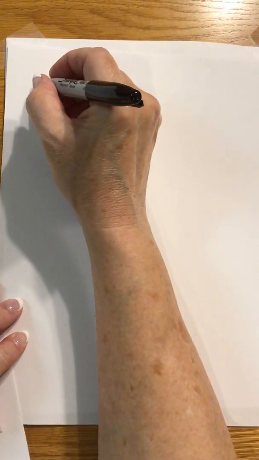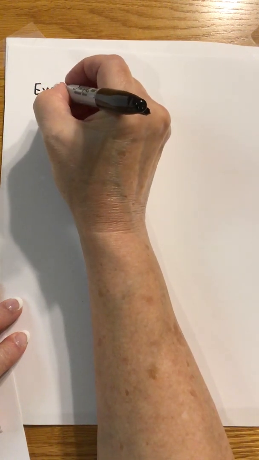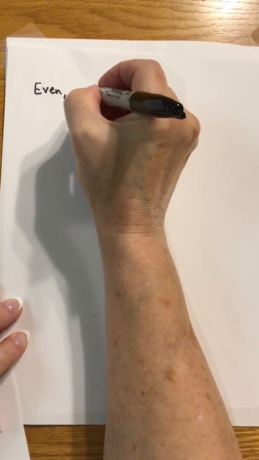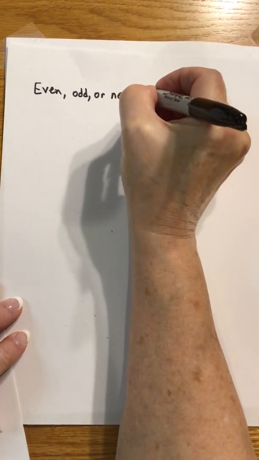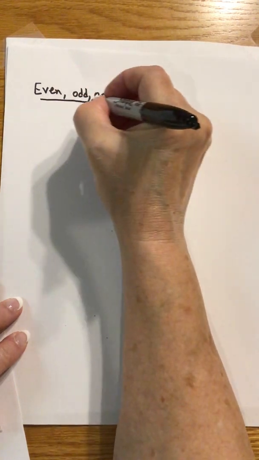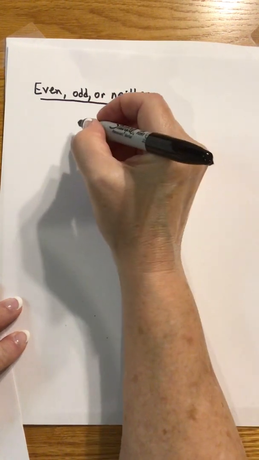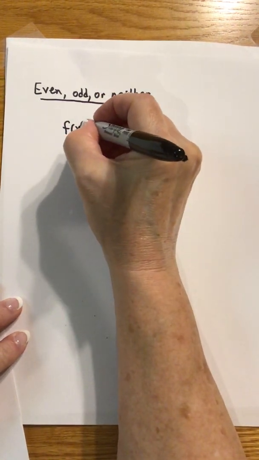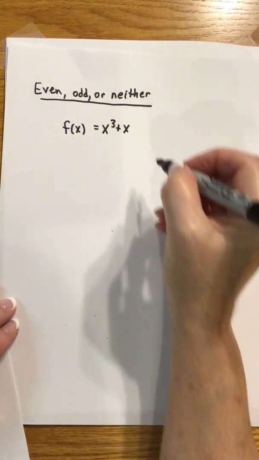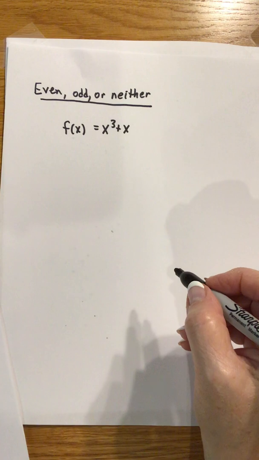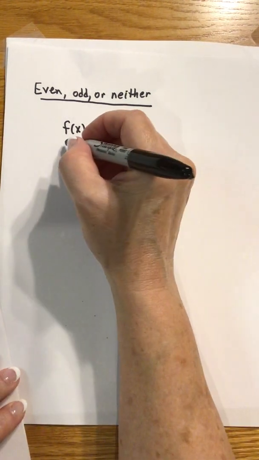Determine even, odd, or neither. So we have f of x equals x cubed plus x. First thing we have to do is find out what f of negative x is, because that's how we compare it, right?